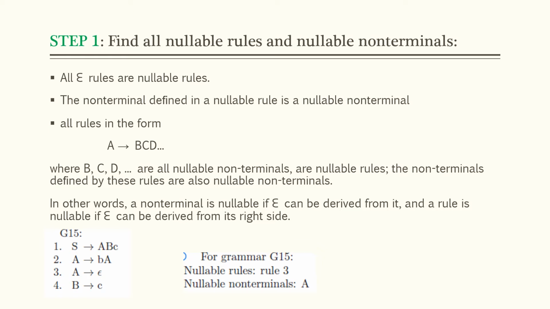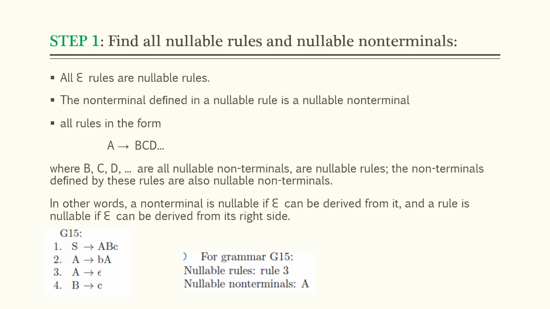So what does it mean? If you look at grammar G5, the epsilon is in rule number 3. For rule number 3, the non-terminal is A. So A is called a nullable non-terminal, and rule number 3 is called a nullable rule, where A is a nullable non-terminal.